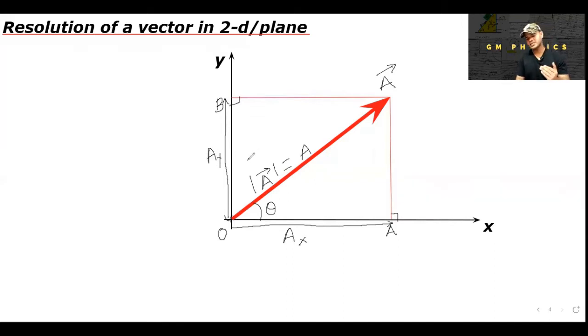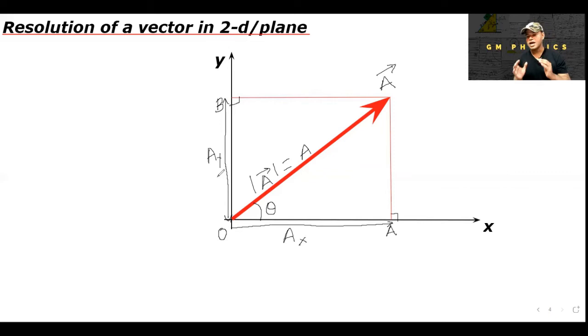AX means projection along x-axis, AY means projection along y-axis. So this AX and AY are called the components of the vector. So this projection of the vector is in fact called the components of the vector. So the components of this vector A are AX and AY along x-axis and y-axis respectively.